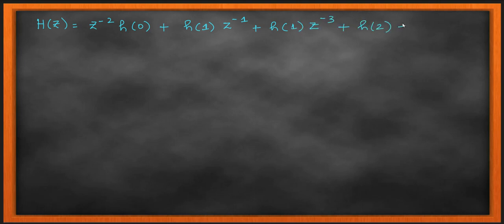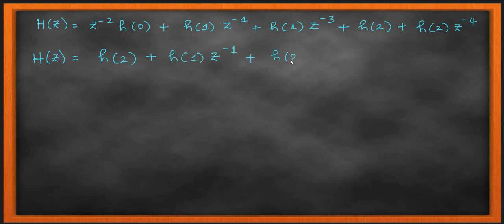So z to the power of minus 2 indicates sampling position 2, z to the power of minus 1 indicates sampling position 1, and z to the power of minus 3 indicates sampling position 3. So my sampling positions get shifted to the right side of the origin, thereby making my FIR filter causal.